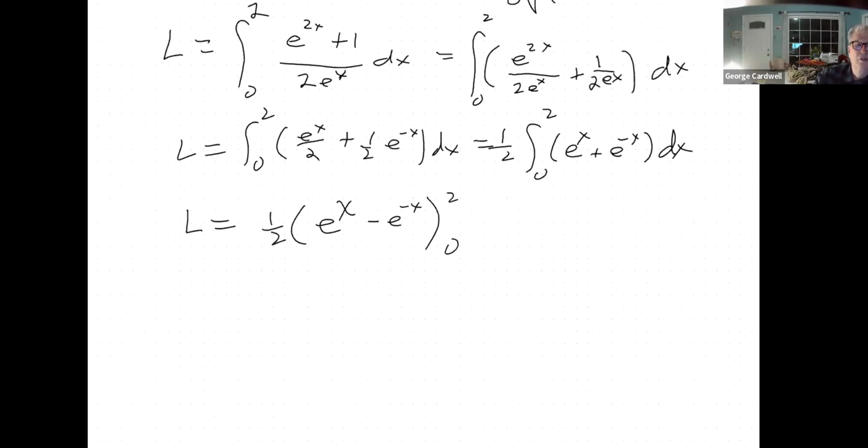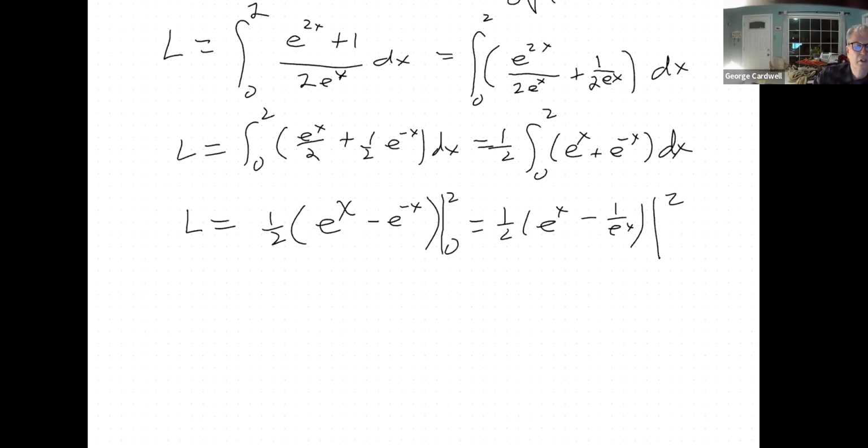So if I plug in 2, I get 1/2 e squared. And I'm going to write that as, well, let me do one more step, because I like to get rid of negative exponents when I can. So this is 1/2 of e to the x minus 1 over e to the x, since e to the minus x is 1 over e to the x.